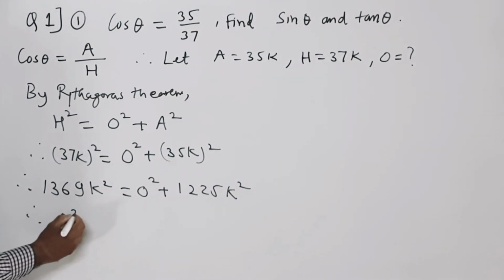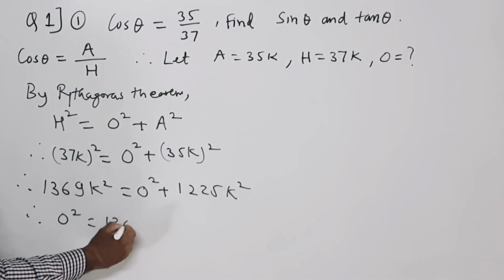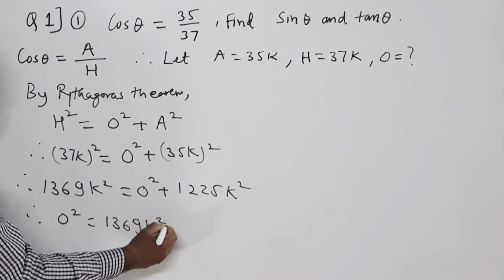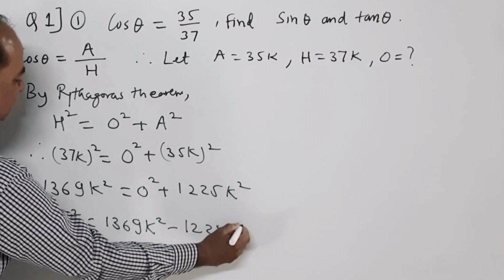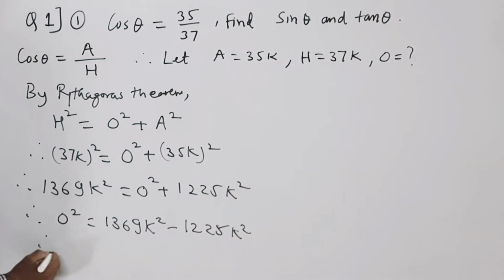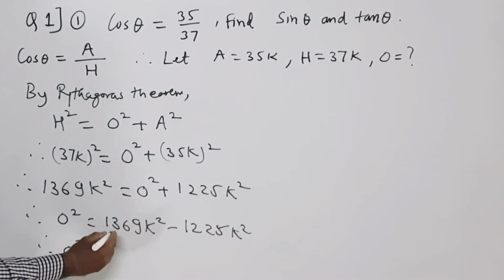Therefore, opposite side square is equal to 1369k square minus 1225k square.